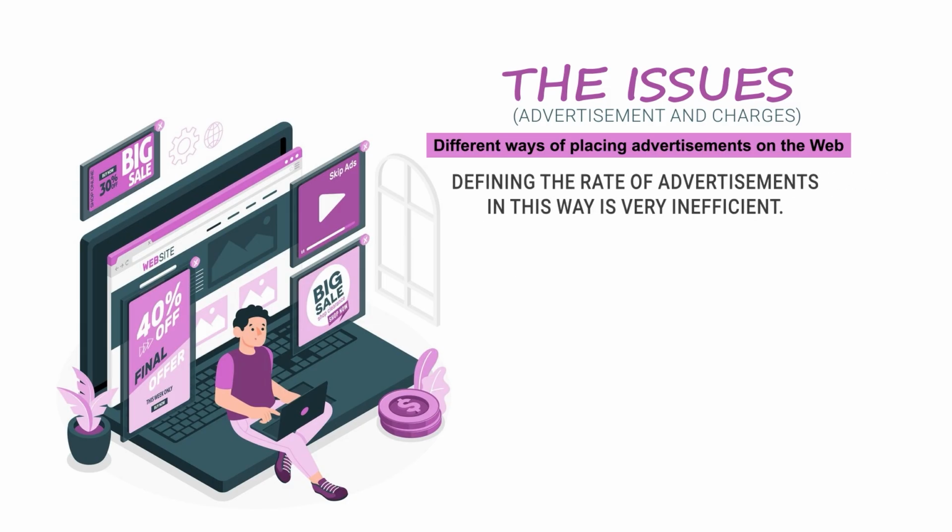Defining the rate of advertisement in this way is very inefficient. You never know beforehand how many copies will get circulated, or how many pages a particular customer will click on where the banner has been displayed.